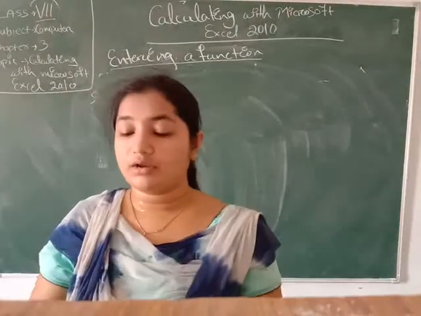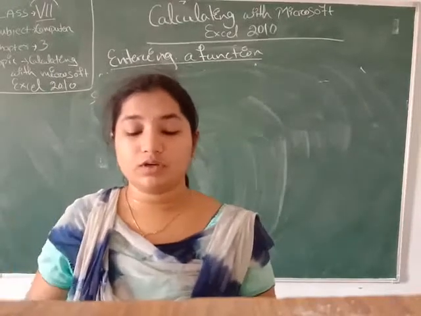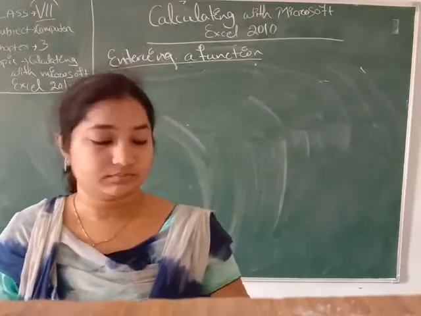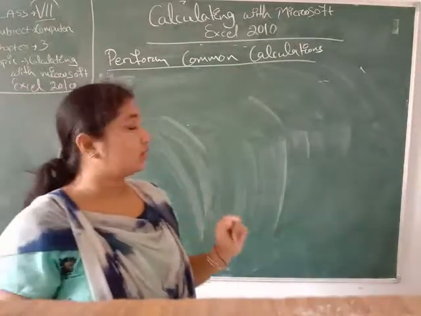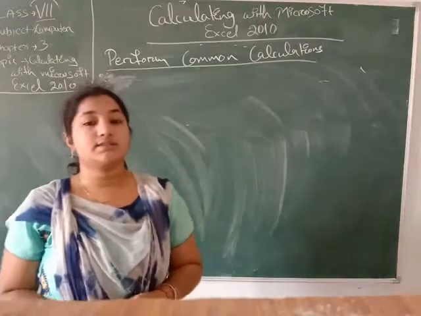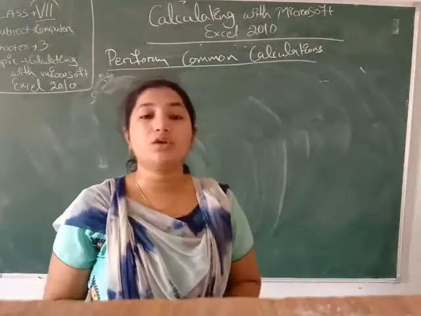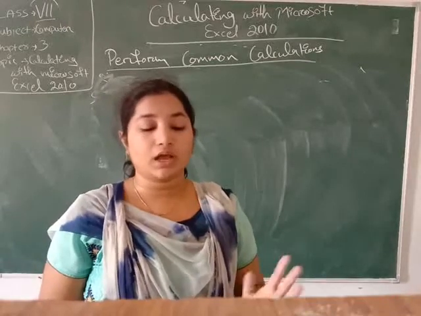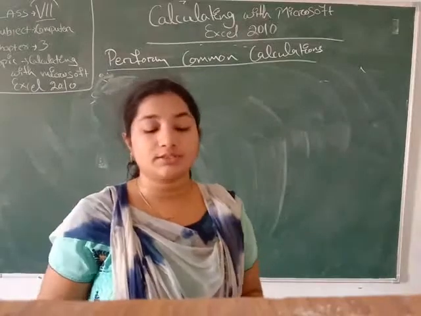So after that, we can now learn about performing common calculations. Common calculations can be performed in a worksheet quickly. Means by the help of a worksheet, we can perform any calculations very quickly. For that, we have to follow some steps.